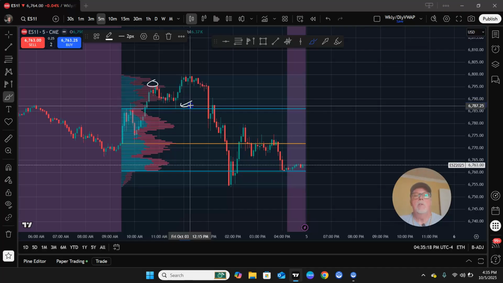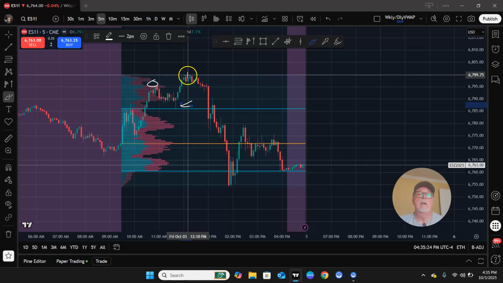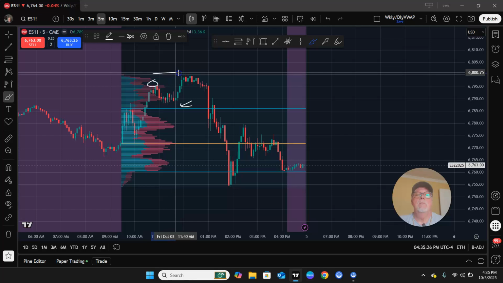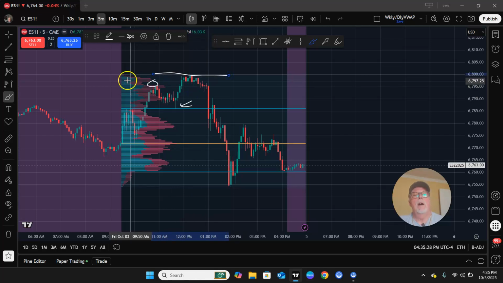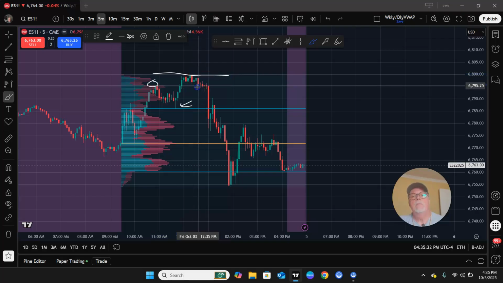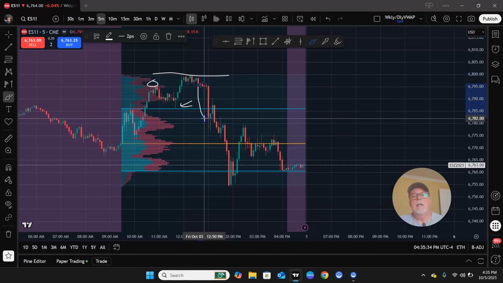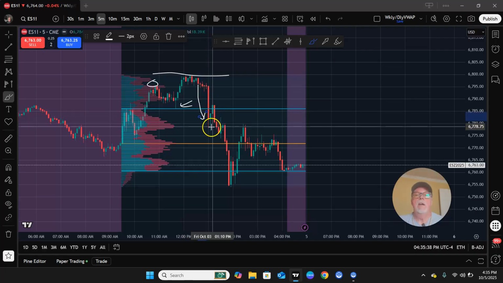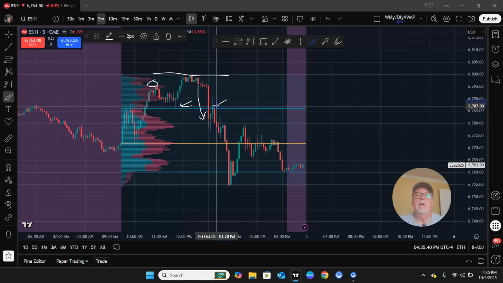See how we tested that little value area high perfectly, and then went back up, tried to go higher, could not beat this high of the day here, went back down, even though we went through the value area, we came back here and retested it.